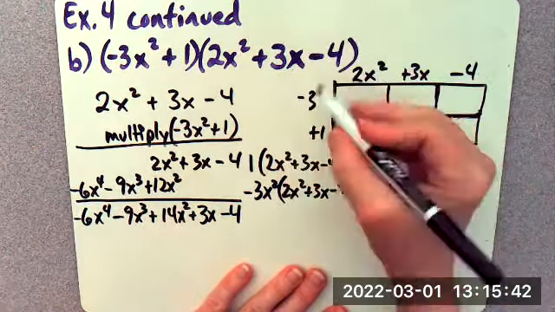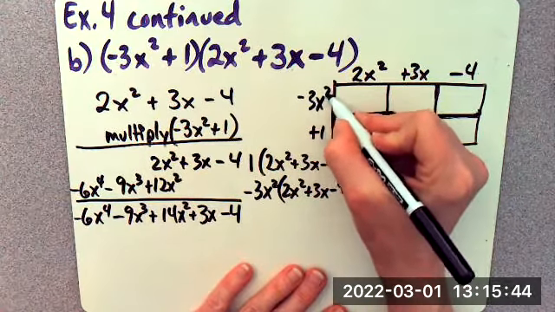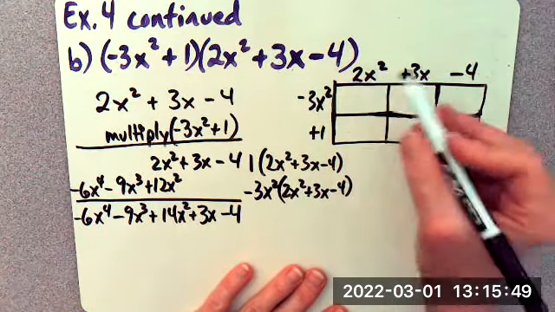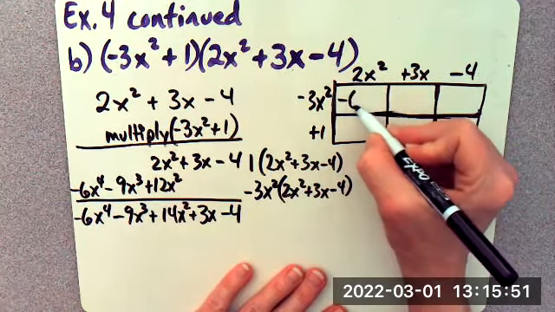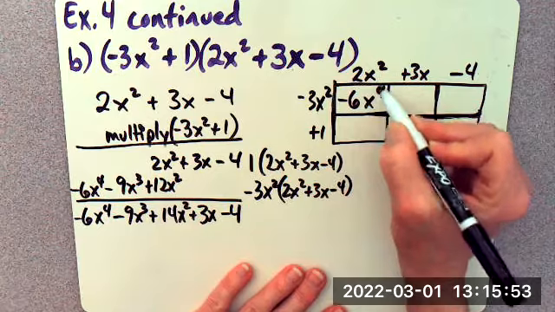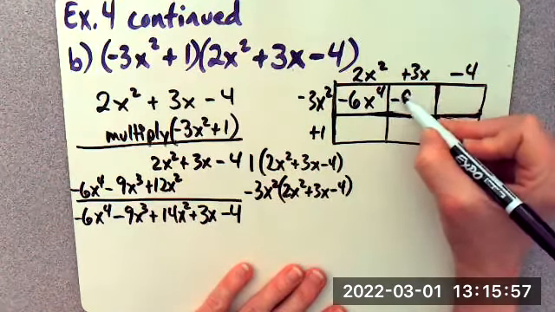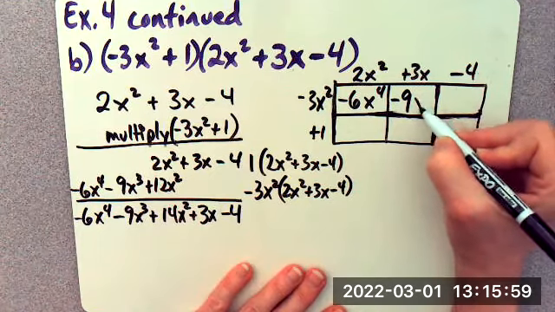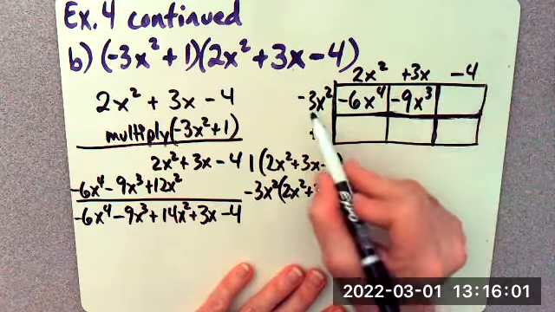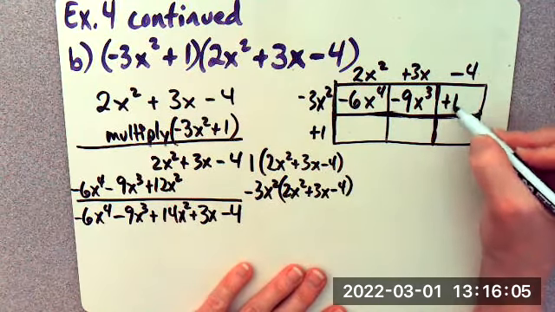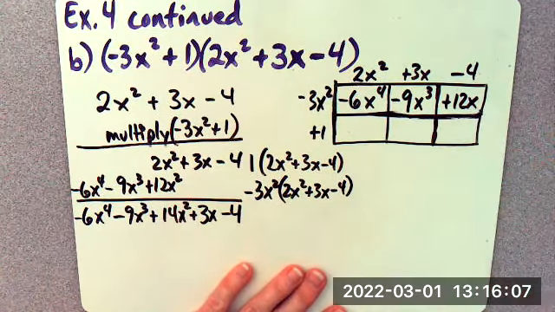So let me write that nicely, x squared. So negative 3x squared times 2x squared gives me negative 6x to the fourth. Negative 3x squared times 3x is negative 9x cubed. Negative 3x squared times negative 4 is a plus 12x squared.